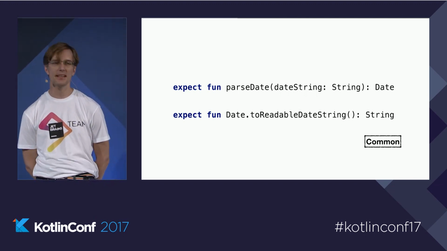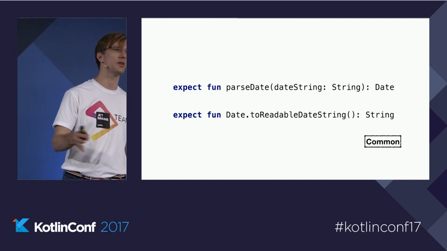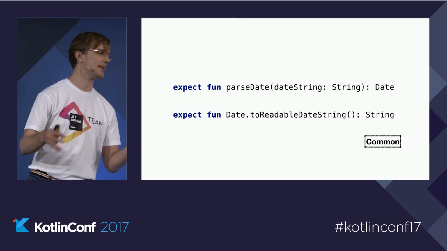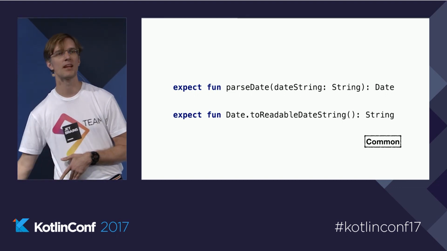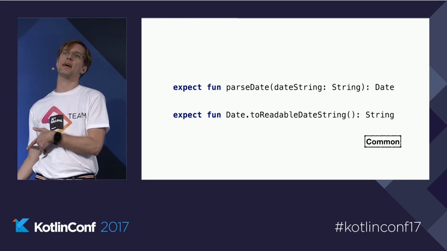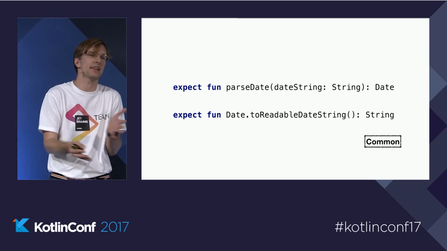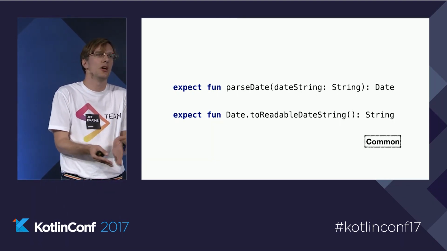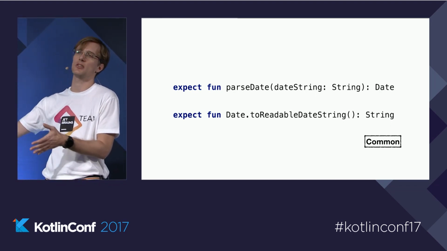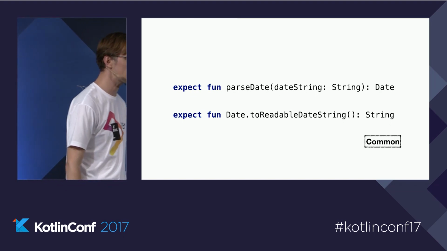You can say that the common code expects a top-level function to be there. You can say that the common code expects an extension function to be there. And if you think about how coroutine APIs are used, being able to call top-level functions is essential for this. And so, of course, we want to enable this in cross-platform projects as well.